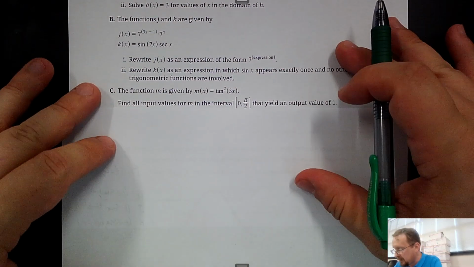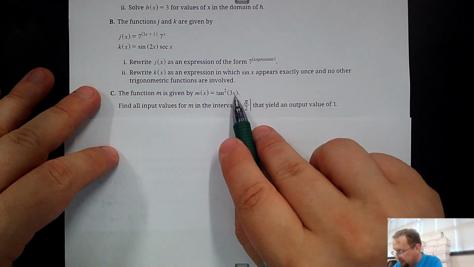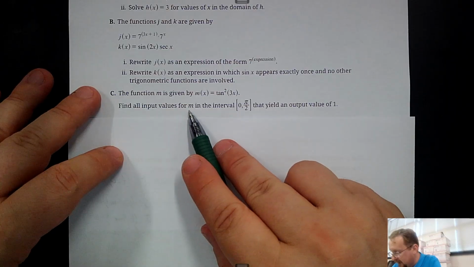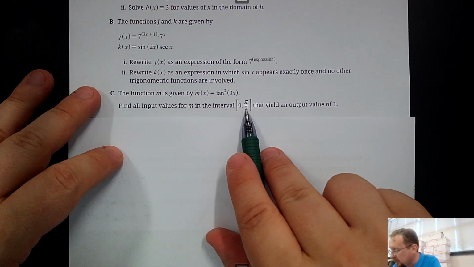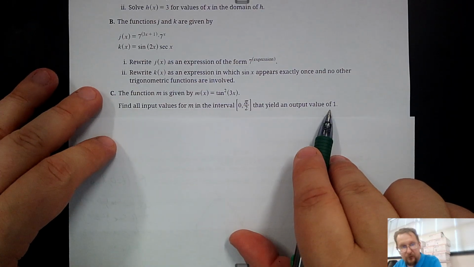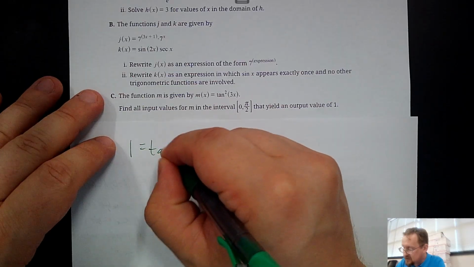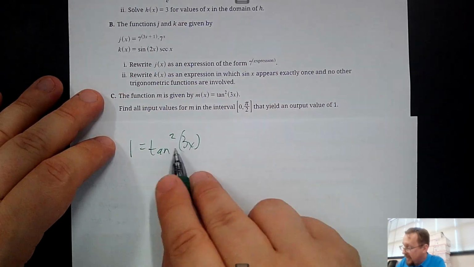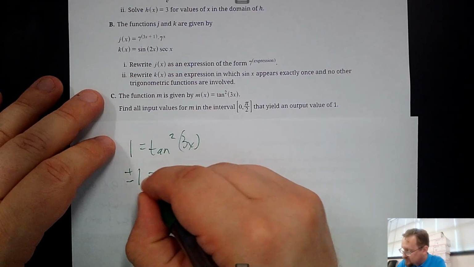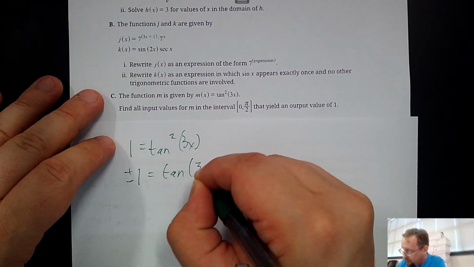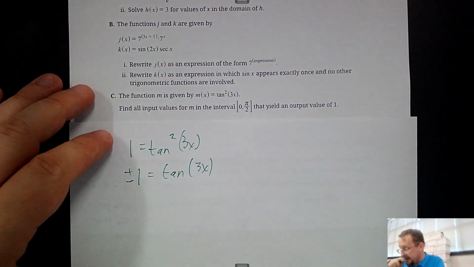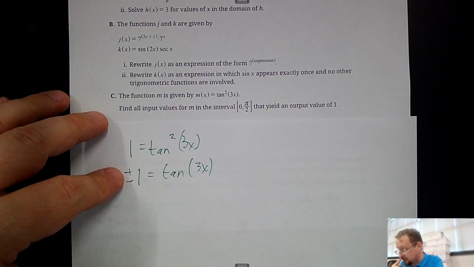The function m is given by tangent squared of 3x. Find all input values of m on this interval that yield an output value of 1. Okay, so in other words, 1 is equal to tangent squared 3x. That means that plus or minus 1 is just tangent of 3x, because when you take the square root, it's plus or minus 1.